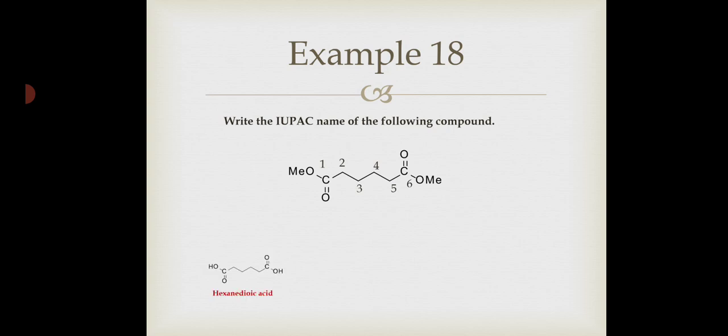See, this is the acid. If the acid name is hexane dioic acid, its corresponding methyl ester will be named dimethyl hexane dioate. -oate means ester, and there are 2 ester groups, and so it is dioate. And there are 2 methyl groups here in the ester, and so dimethyl hexane dioate.